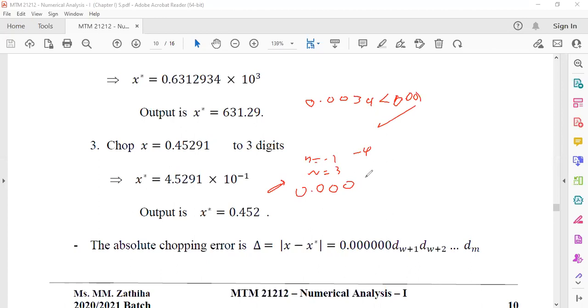So 0.0001. Am I right? 1, 2, 3, 4. Yes. And this one 0.00090. Okay. So it is a little bit more than, no? I think this point is 1, this point is 9. So which one is greater? I think this one is greater, no? So if it is greater, then we can't accept.